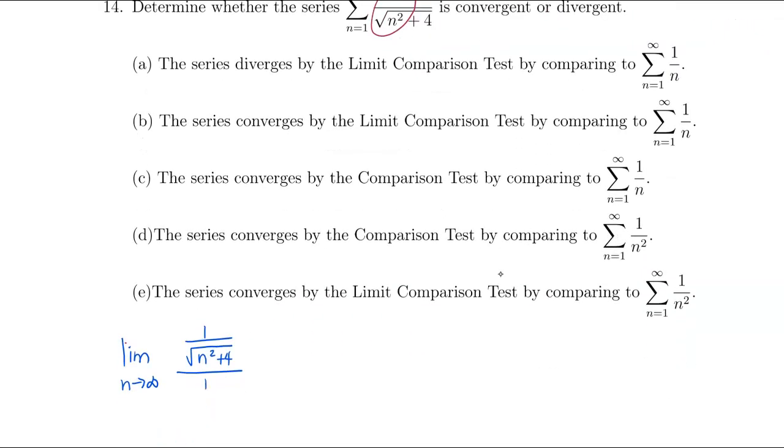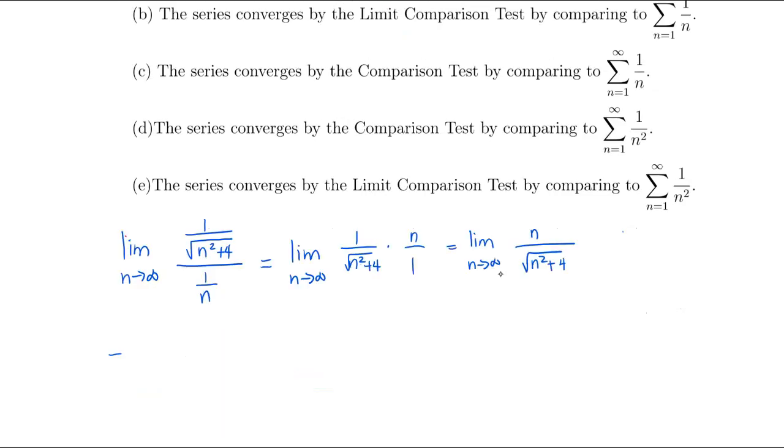So we have 1 over n. And then you simplify this. You have the limit as n approaches infinity of 1 over the square root of n squared plus 4 times n over 1.